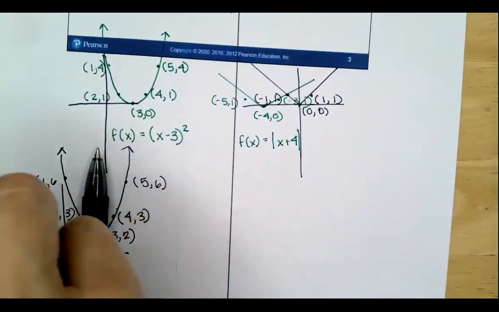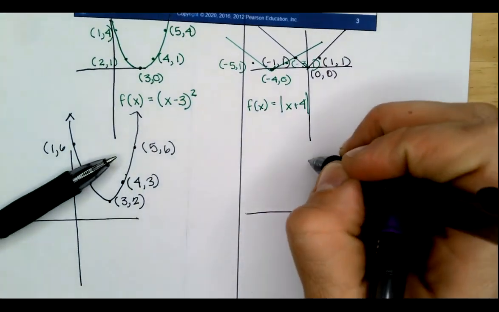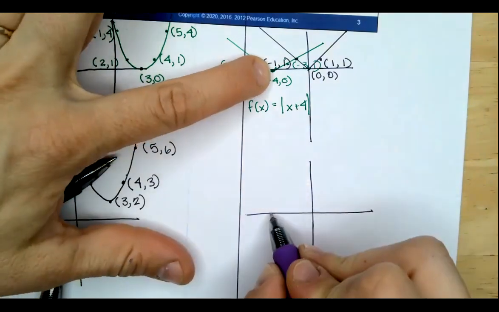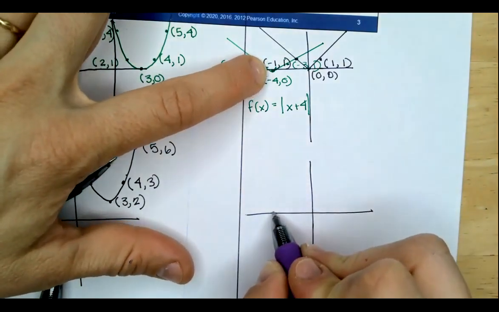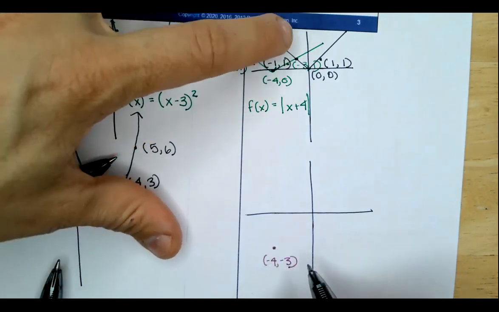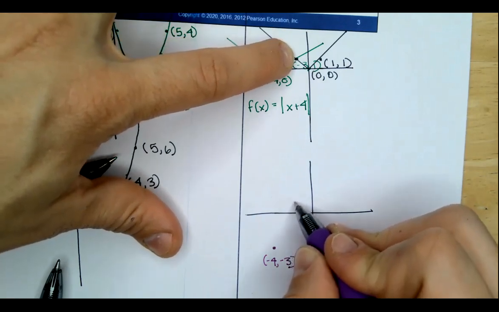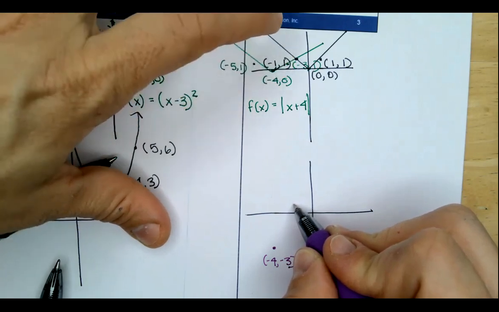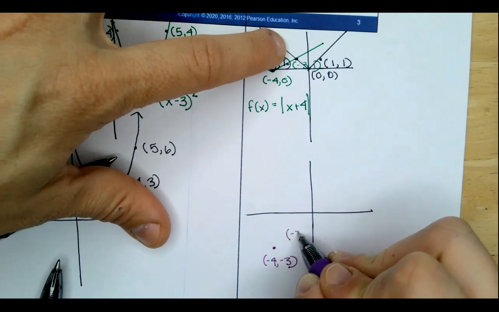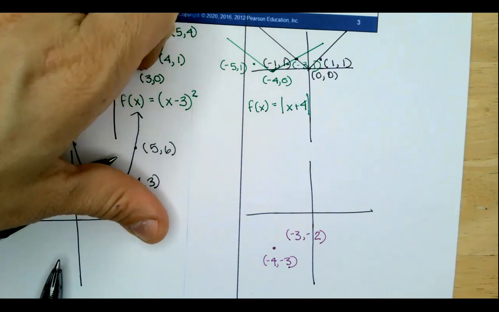Now, subtract 3. So subtract 3 means we're going to go down. When I had negative 4, 0, I'm now going to go down 3 and call it negative 4, negative 3. Negative 3, 1, up here, we're going to go down 3. So that's going to be negative 3, negative 2, because 1 minus 3 is negative 2.